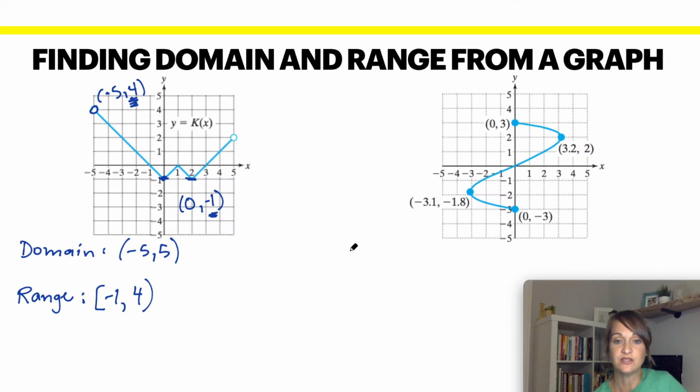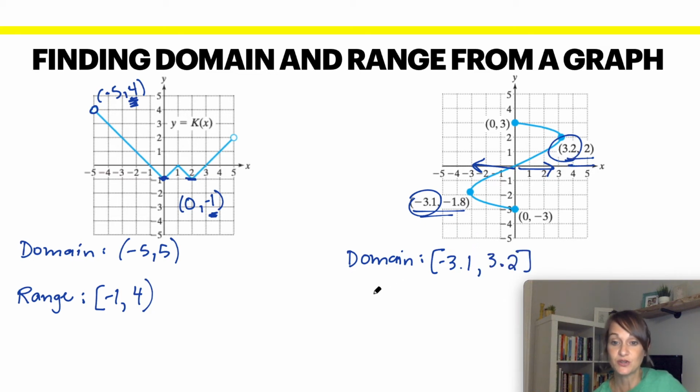On the right, for the domain, again, you're looking for the farthest left and the farthest right. The farthest left is this coordinate point right here, and the farthest right is this coordinate point. Don't forget, for the domain you're looking for the x values. So you go from -3.1 all the way to 3.2 for your domain. Now the range is all of your y values.